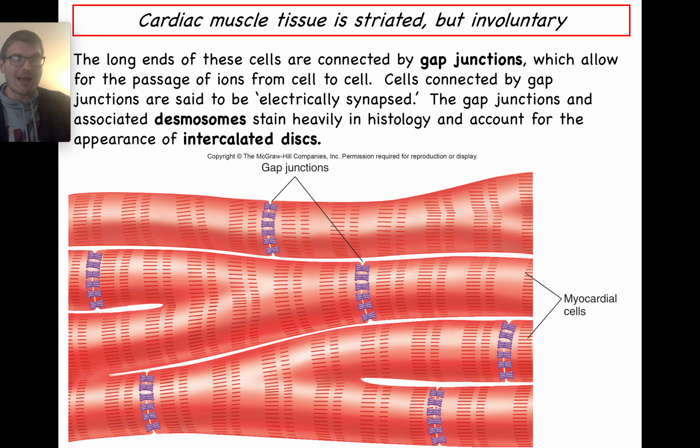Mainly what we're talking about here are ions: sodium, potassium, calcium. Ions can move from cell to cell through these gap junctions, and because we have already come to appreciate the role that ions play in electrical stimulation of excitable cells, this tells us that these cells are what we're going to call electrically synapsed.